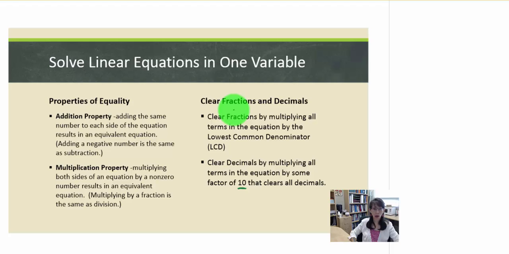Fractions are a little more complicated. In order to eliminate fractions from a given equation, you will have to find the lowest common denominator. When we come across a problem like that today, I'll show you step by step how to determine what the lowest common denominator is and how to use it.